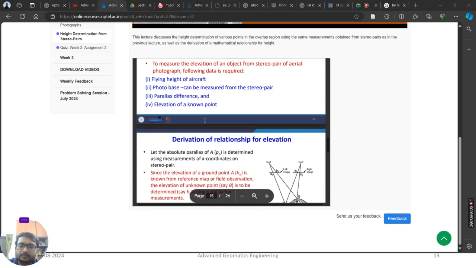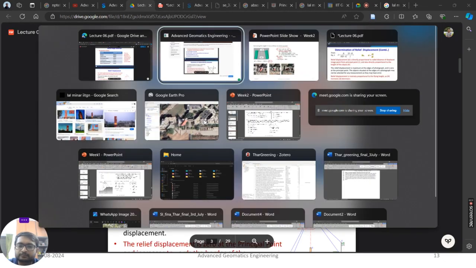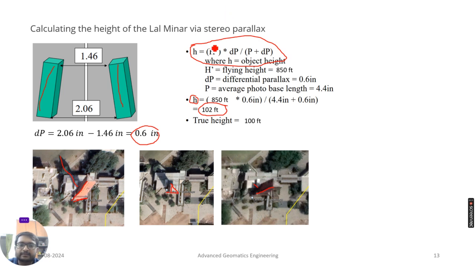Now from this we can see that when you are calculating the height of an object from this formula using the parallax, you have the flying height, then the differential parallax, and then the average photo base. So you have two methods of calculating height.